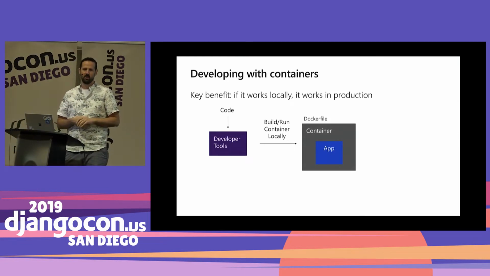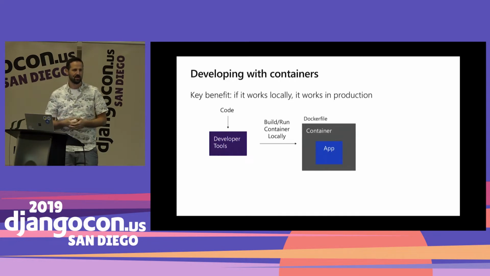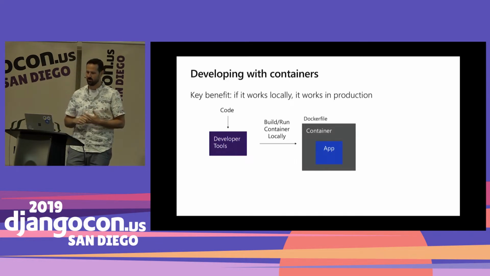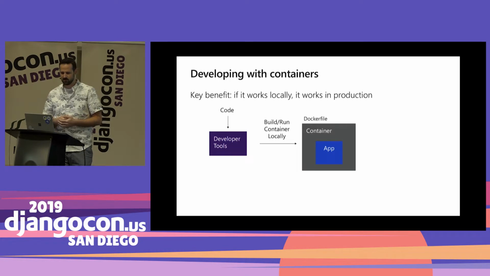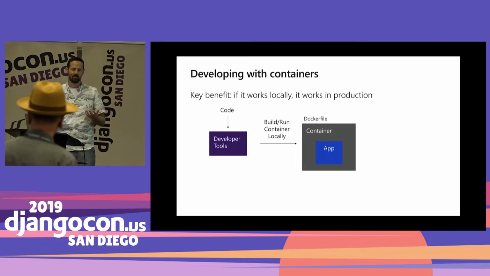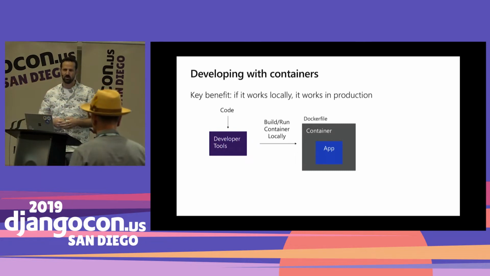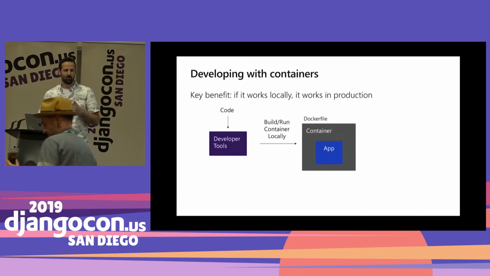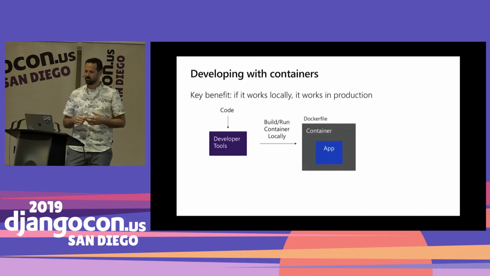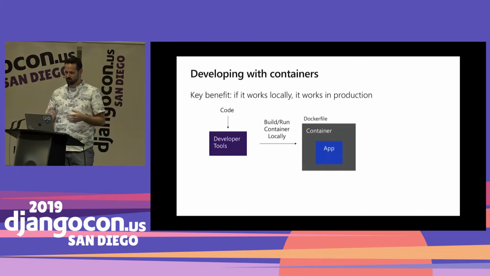So why are you all here at the talk today? Many of you have adopted or are thinking about adopting containers in your development or production environment. And one of the key benefits of using containers that we hear often is that if it works locally, it should work in production, because what a container allows you to do is run kind of like a mini operating system with all of your application's dependencies in the containerized environment.